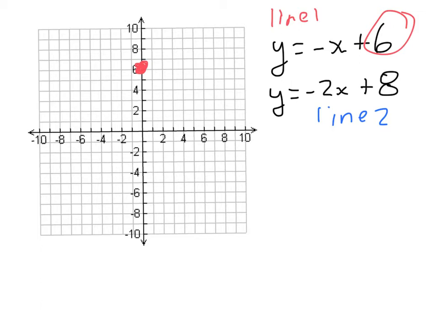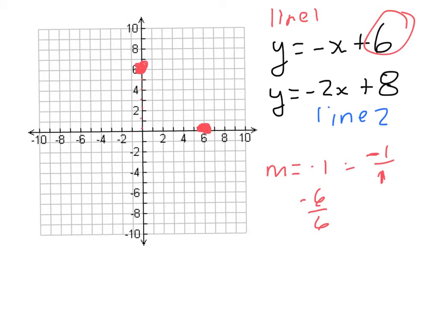The slope of line 1 equals negative 1, which is negative 1 over 1. I could keep going down one, over one, down one, over one for a long time. But this could also be the same as down 6 over 6. So if I go down 6, 1, 2, 3, 4, 5, 6, over 6, I get here.